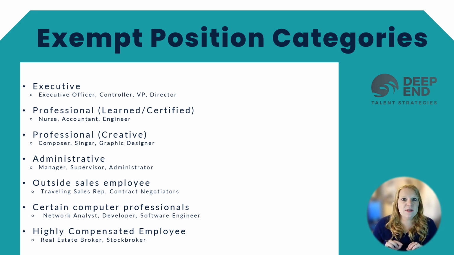Now, one thing to keep in mind is that all of these in this category have one constant per the FLSA to be exempt. They must be paid at least $684 weekly, which equates to about $35,568 annually on a salary basis, in order to be exempt.